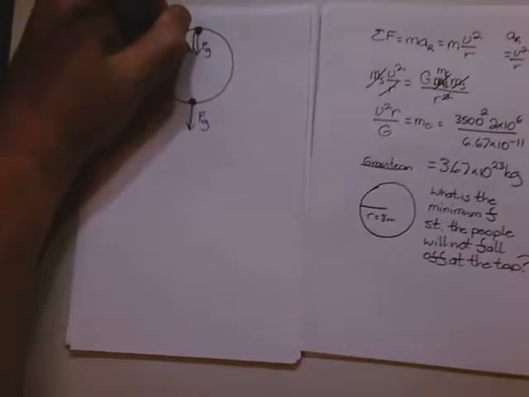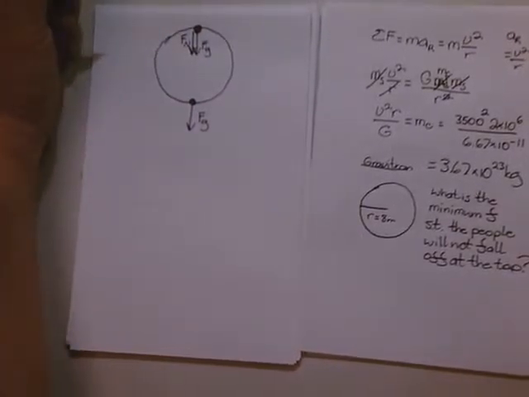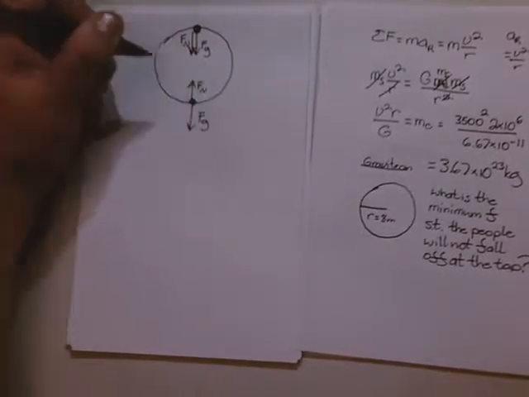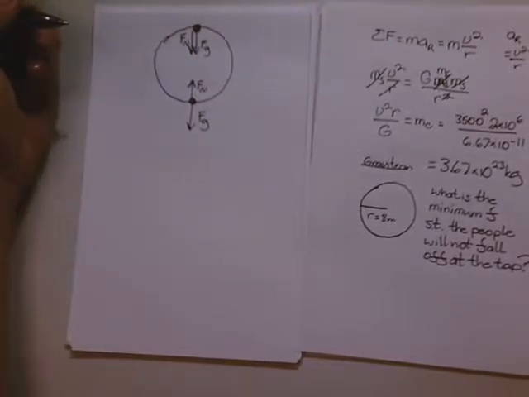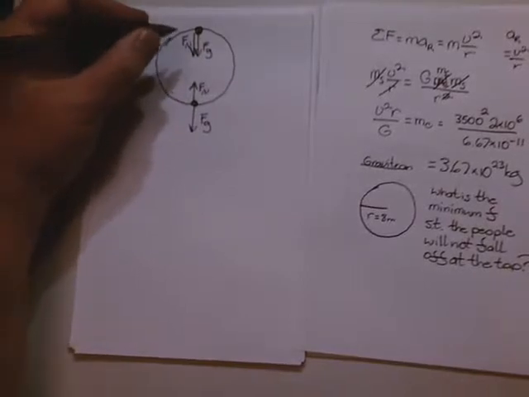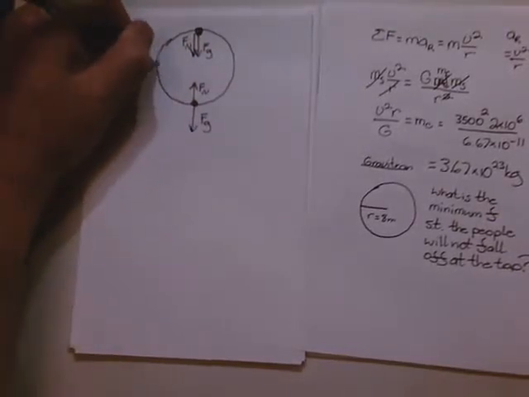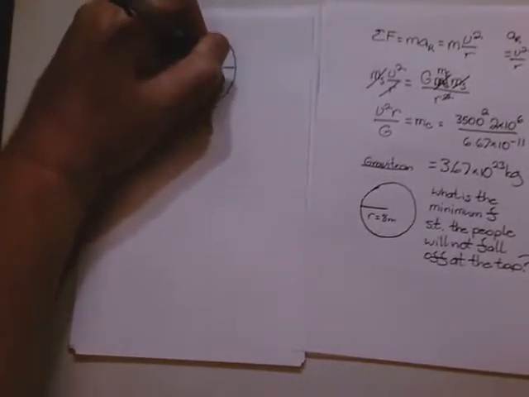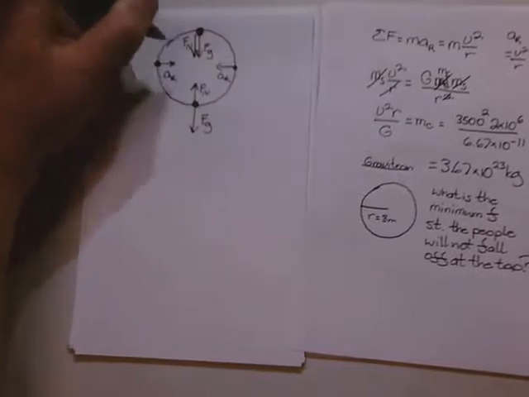At the top, what we call this is the normal force. It's the force of the wheel pushing on you. There, it's upward as well, it's inward as well. Now, in circular motion, the radial acceleration is always pushing inward.